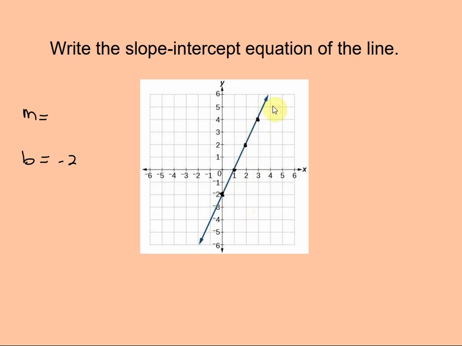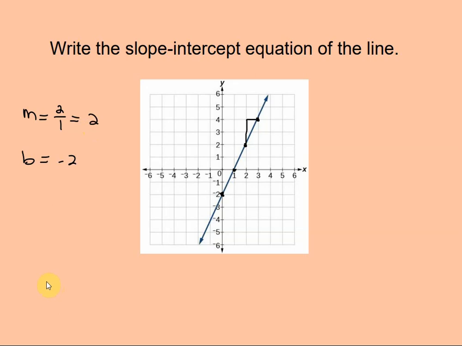So I just, again, need to go from one point to another. I'm going to go from this one to this one. So I would rise 1, 2, that's positive, and then run, I'm running to the right, so that's a positive 1. So that would be rise 2, run 1, which is 2 over 1, and that would reduce to 2.